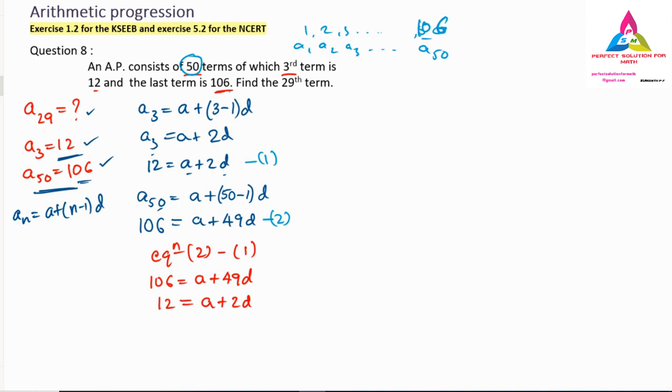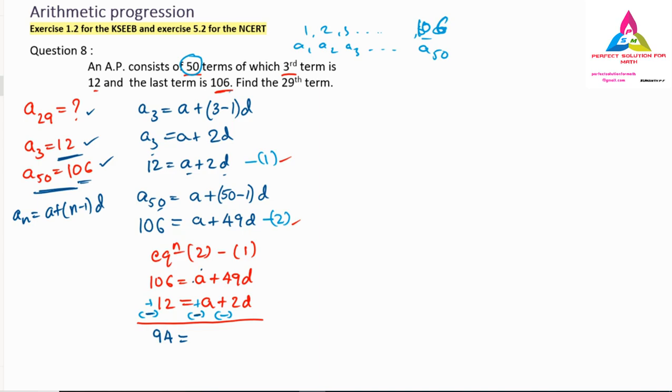When we subtract, the sign will change automatically: positive becomes negative, negative becomes positive, but here all are positive, so all will be negative. Calculating, 106 minus 12 is 94. So 94 is equal to, and here a minus a, the new symbol we got is negative.